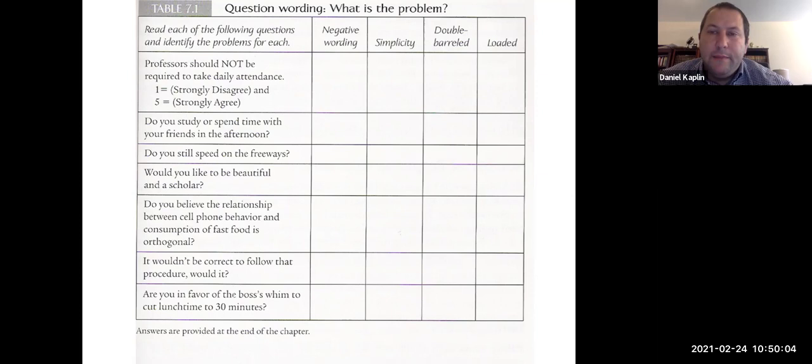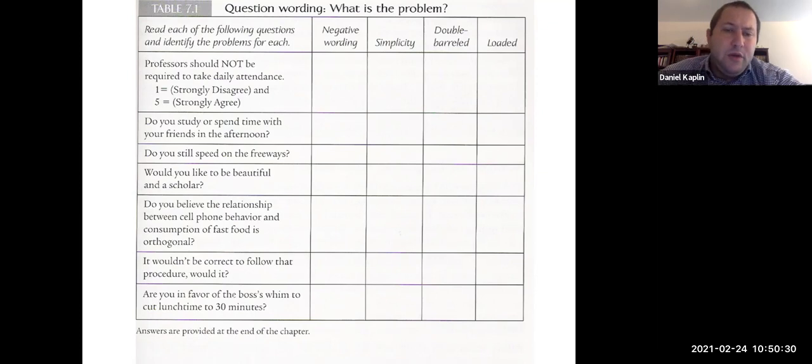So one might argue that this is a double-barrel question, right? Now, other people might say, well, this is a loaded question because it has the word still, could also be judgment. So on questions or tests, I try and make sure that it's clear cut. This one could potentially have two problems with it.